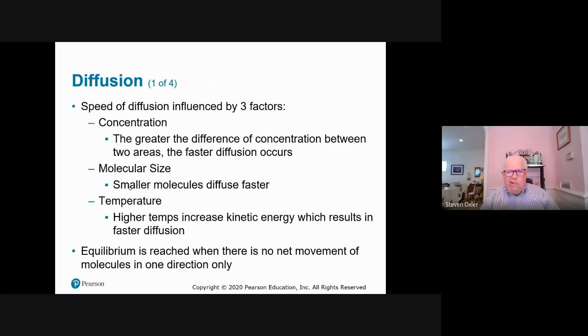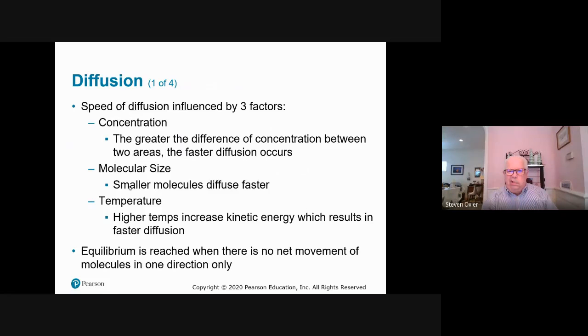Diffusion is influenced by three factors. Number one is concentration. The greater the difference in concentration between two areas, the faster the diffusion occurs. Molecule size: obviously, smaller molecules diffuse across a membrane faster than larger molecules. And the third is temperature.